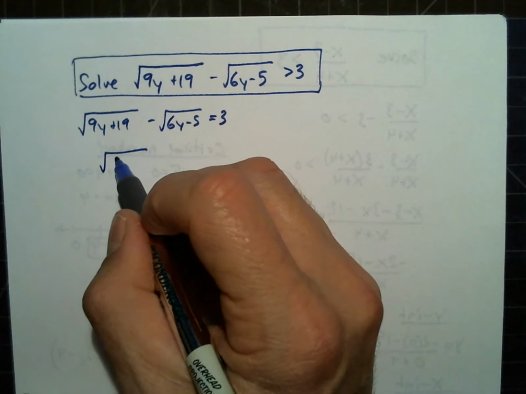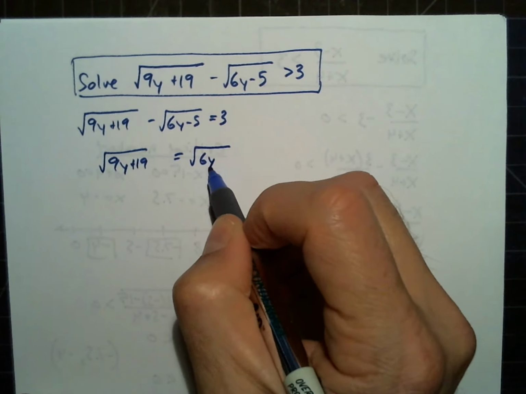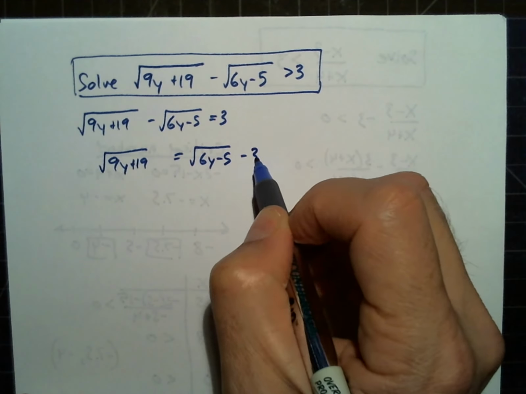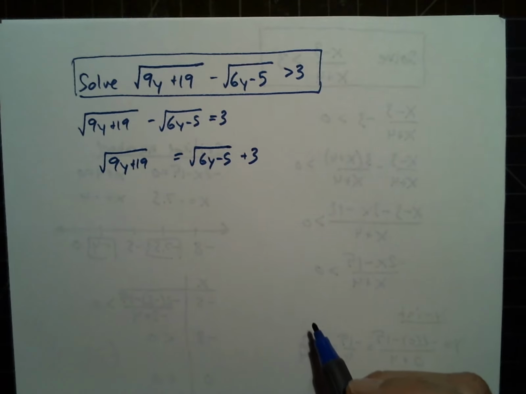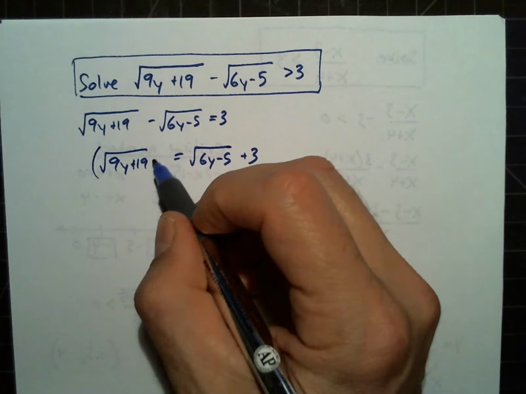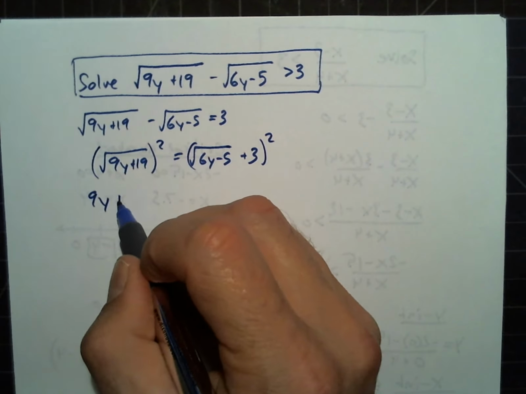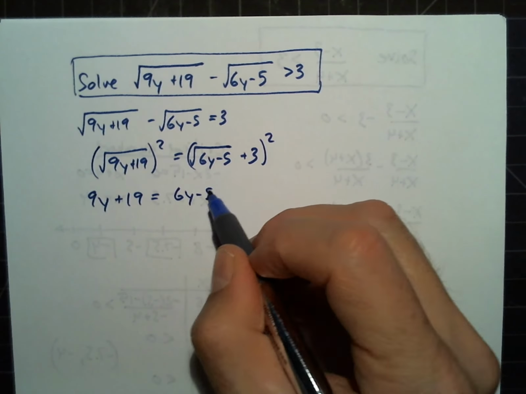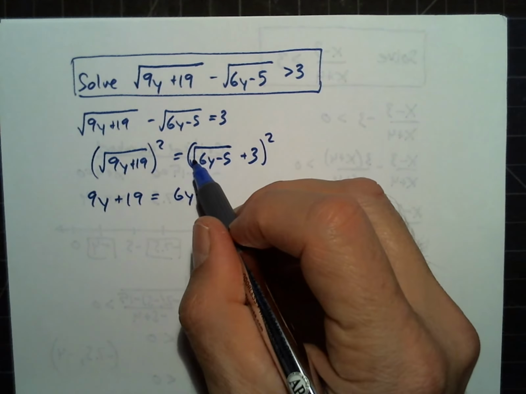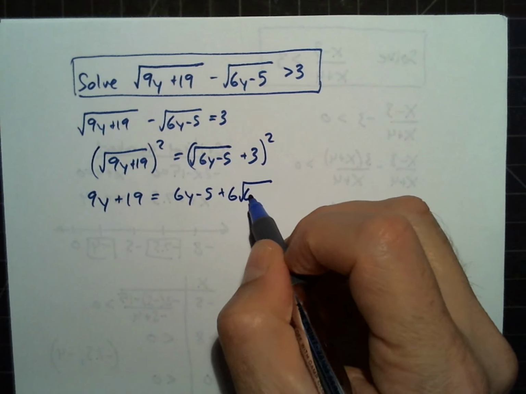And we saw this in this chapter where we want to separate the radicals, and then we can square both sides. Three times the radical times 3, so we get 6 radical.